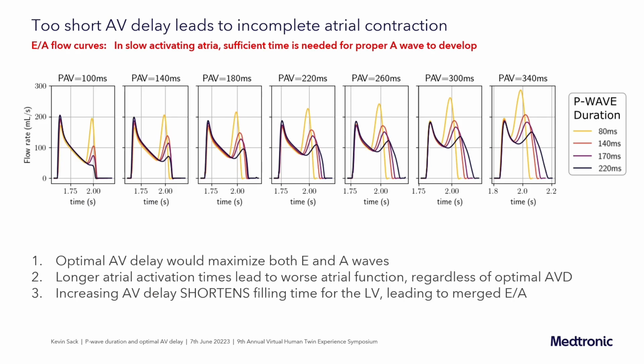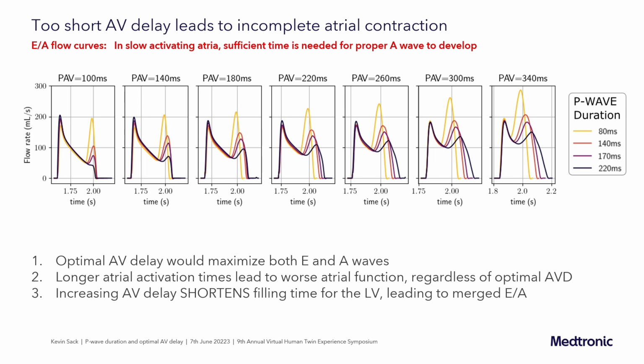So this is the first finding that we had in our model. We look at EA ratios. It's a common echo metric that clinicians pull out to look at flow. And essentially, when the heart fills, first passively, the valve opens and blood goes into the ventricles. And then the atria contract. And those two flow events are labeled E and A. And essentially what you want in a functioning normal heart is 2 really well-defined E and A waves.